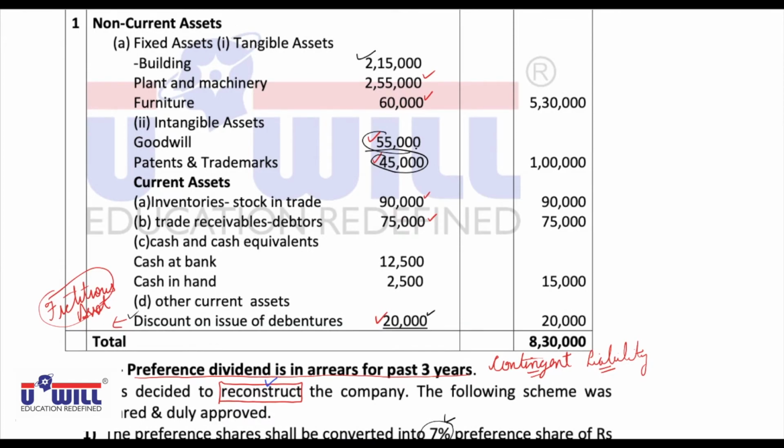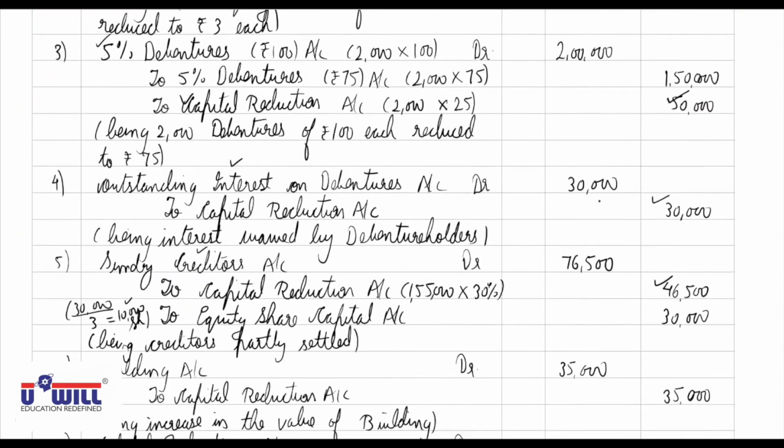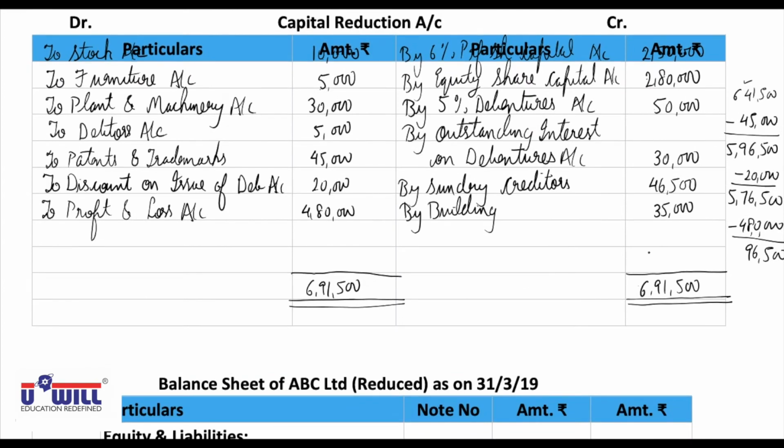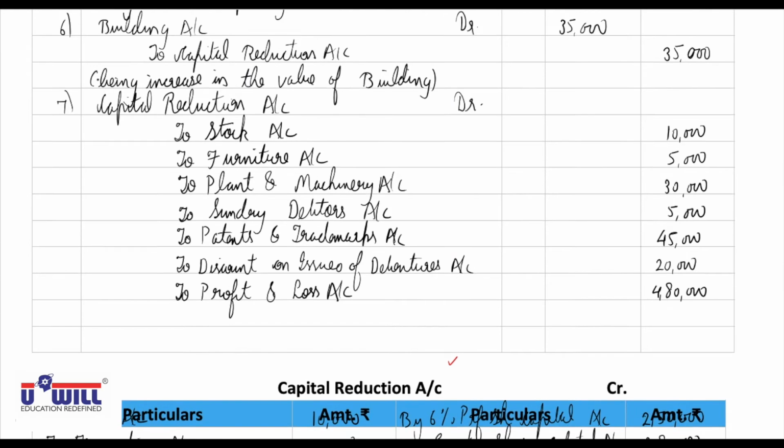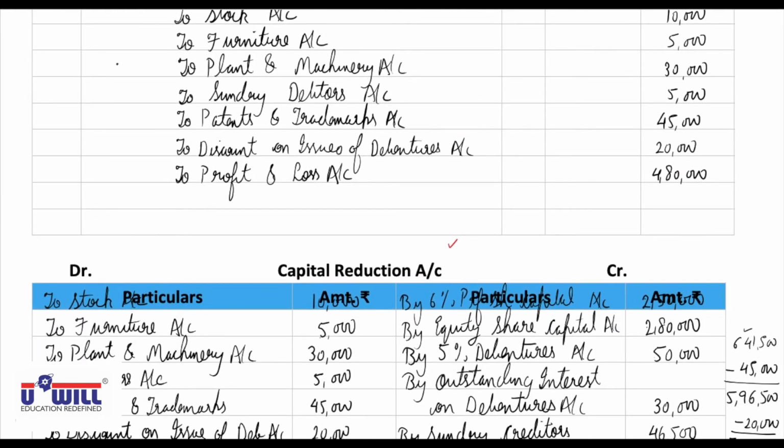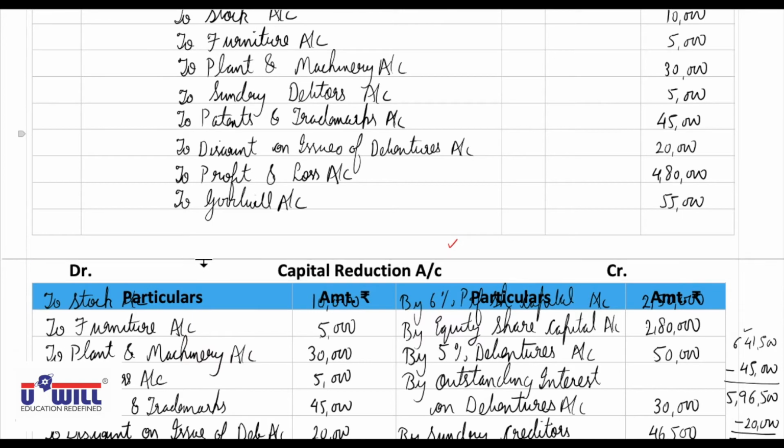Goodwill is 55,000. So goodwill of 55,000 can also be completely written off because 96,500 is still left out. So to goodwill account 55,000. This will also be entirely written off.